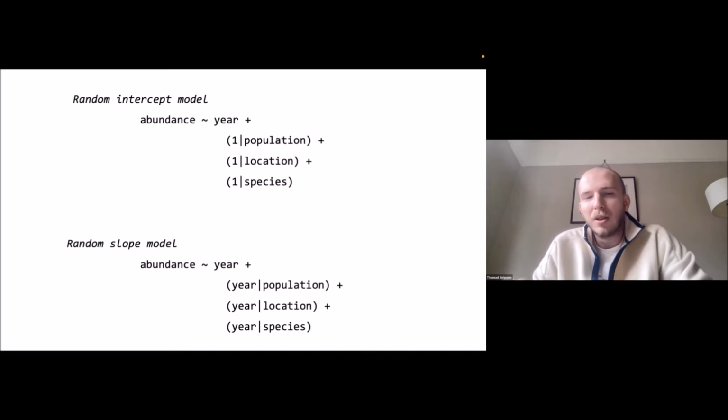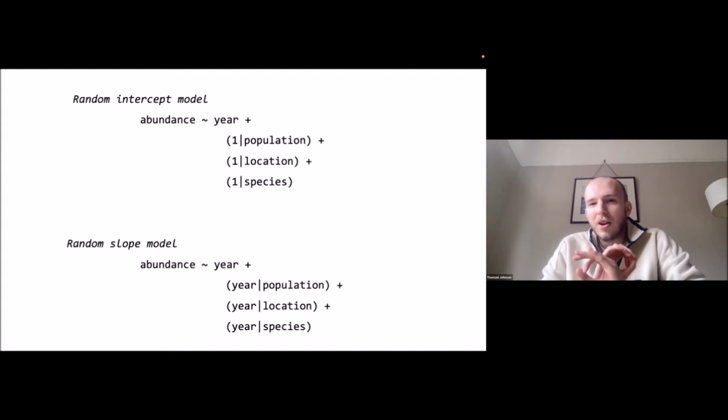And that's really important because in the random intercept model, by only specifying the difference in mean abundances, they're also implicitly specifying that all of the trends are the same for all populations, locations, and species. Now make of that what you will.